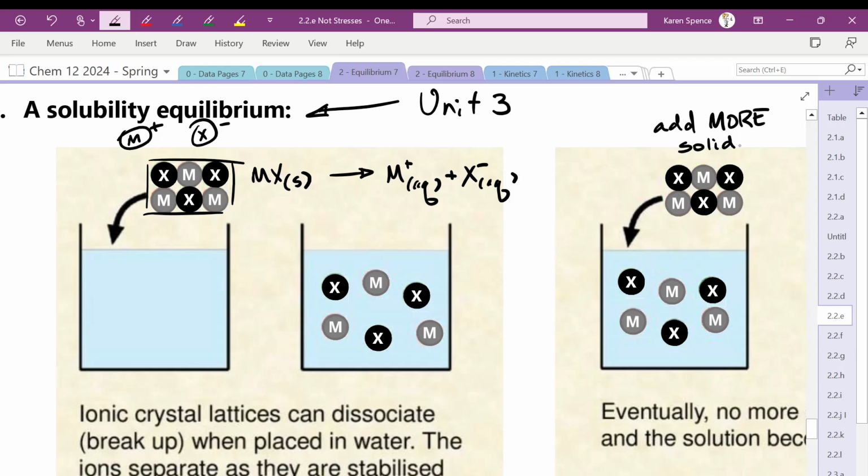Eventually, if we add enough solid, what will happen? It won't disappear anymore because the solution will be full. It will contain as much solute as possible. Does anyone know the word for a solution that contains as much solute as possible?